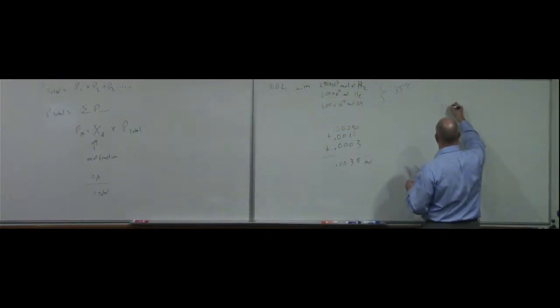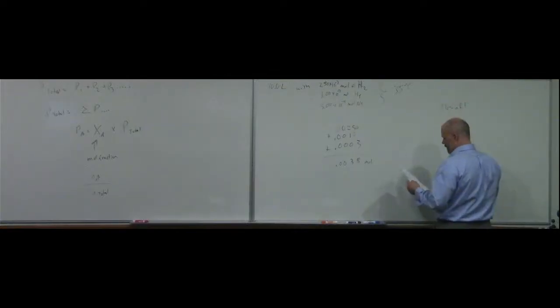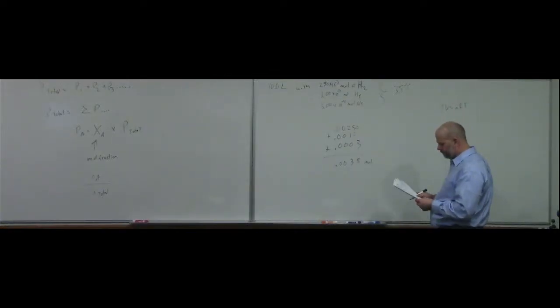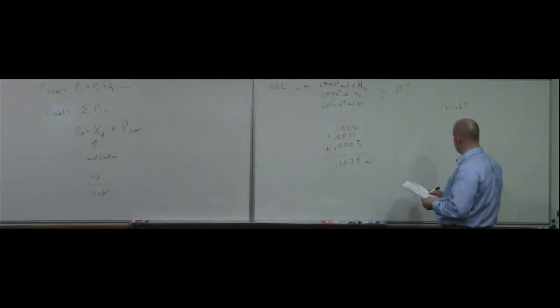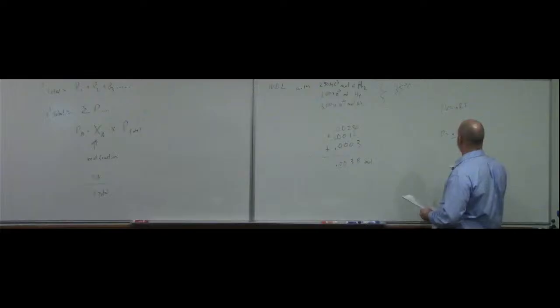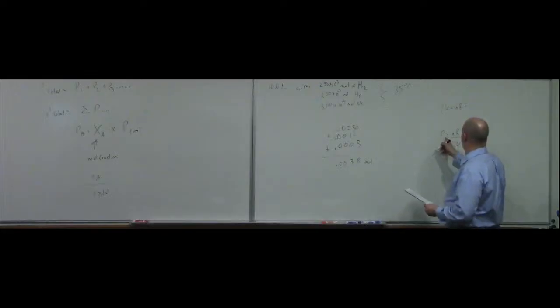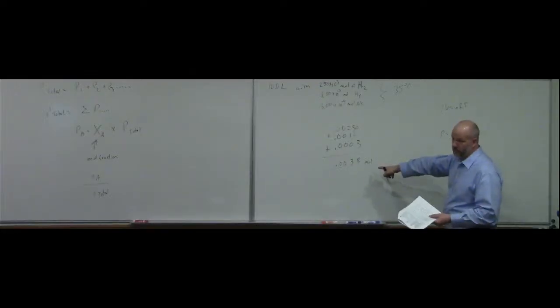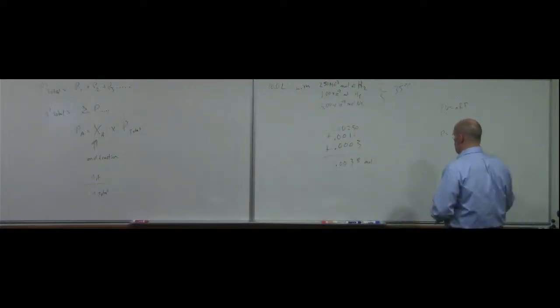So we've got PV equals nRT, right? So we want to solve for the total pressure. Right? So P equals nRT over V. This was useful because I know my total number of moles right now, right?